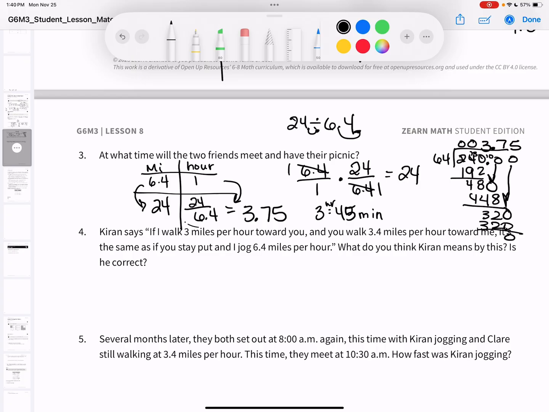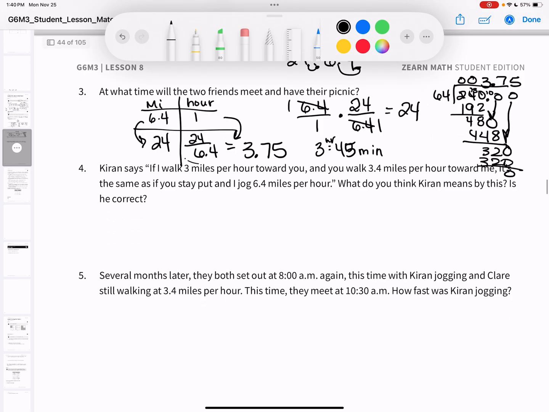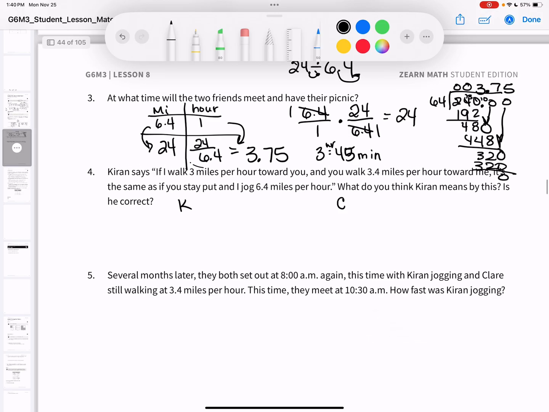All right. Kieran says, if I walk 3 miles per hour towards you and you walk 3.4 miles per hour towards me, it is the same as if you stayed put and I jogged 6.4 miles per hour. What do you think Kieran means by this? Is he correct? Well, Kieran's here, Claire's here. They have a combined miles per hour of 6.4, right?